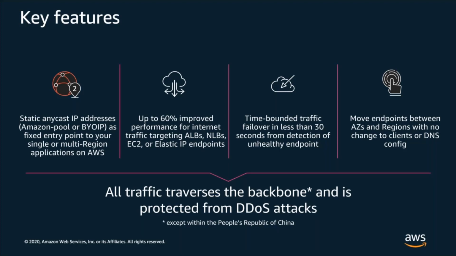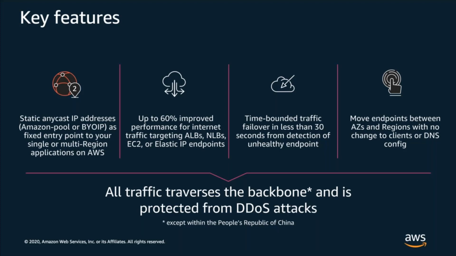These are addresses that are anycast from the AWS edge locations around the world, and by default, you get two IPv4 addresses from the Amazon pool. You can also bring your own IP address ranges, and we'll talk about how you can achieve that later, including from your own on-premises deployment.